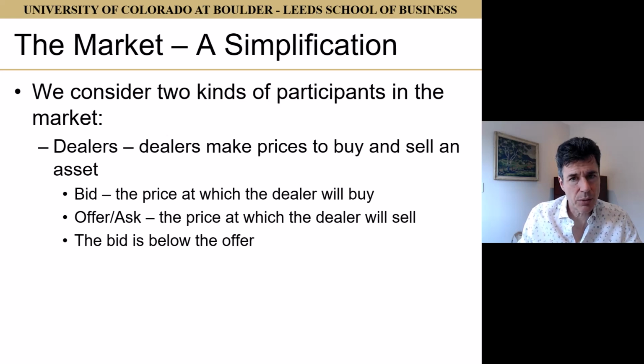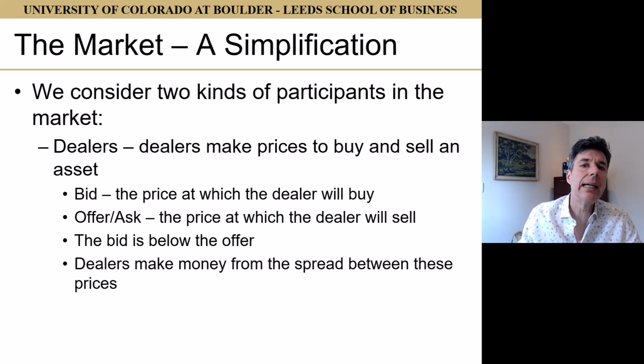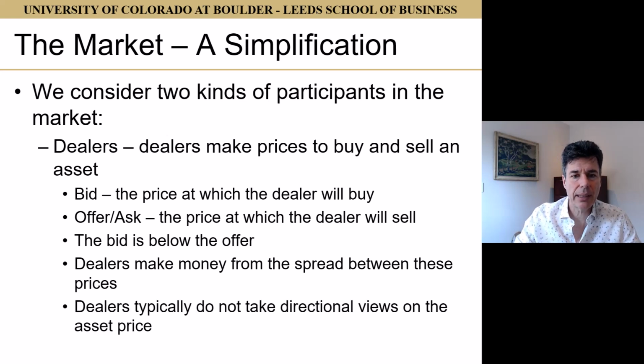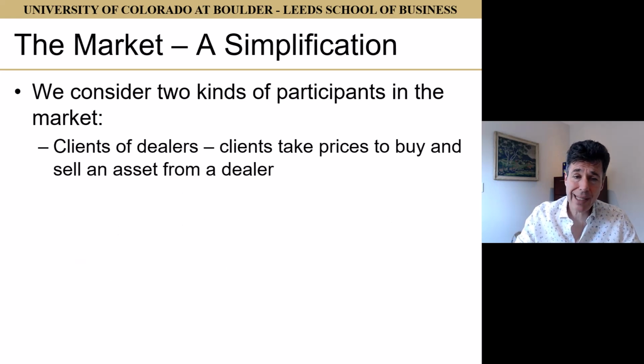All right, so the dealer will sell a little high, buy a little low, and dealers make money from the spread between these prices. That's their job. And dealers typically do not take directional views on the asset price. So second, we have clients of those dealers. Clients take prices to buy and sell the asset from the dealer.